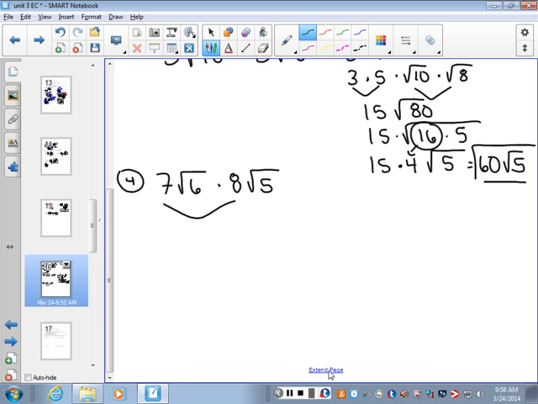Numbers out front. Multiply them together. 56. And then how about the square root of 6 times the square root of 5? Always under a square root when you're multiplying square roots. And then 30. Do any of my perfect squares evenly divide into 30? No. So, we're done.